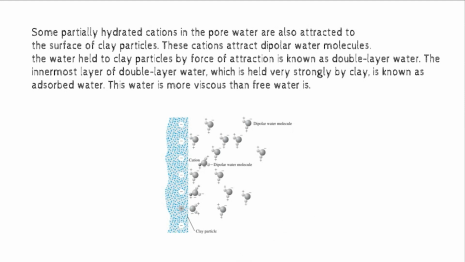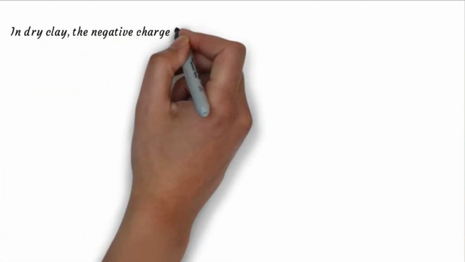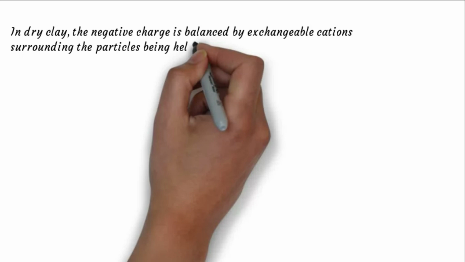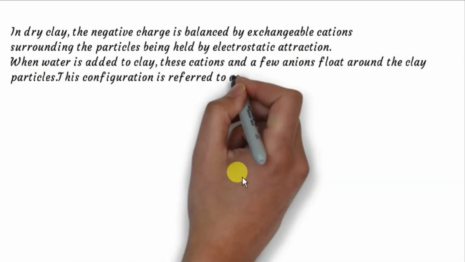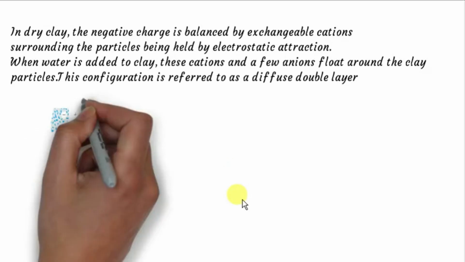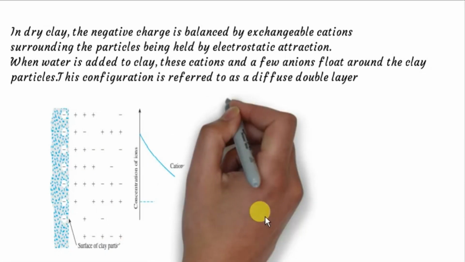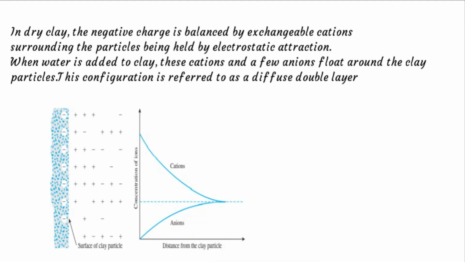And also, we can notice that in dry clay, the negative charge is balanced by exchangeable cations surrounding the particles, being held by electrostatic attraction. When water is added to clay, these cations and a few anions float around the clay particles. This configuration is referred to as the diffuse double layer.